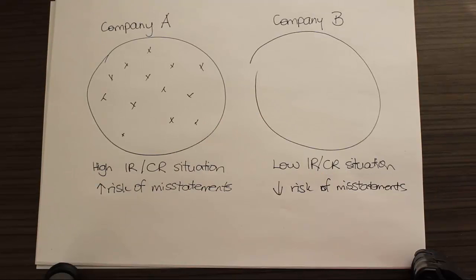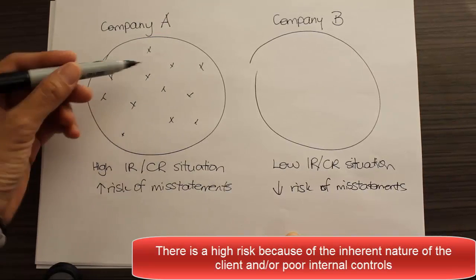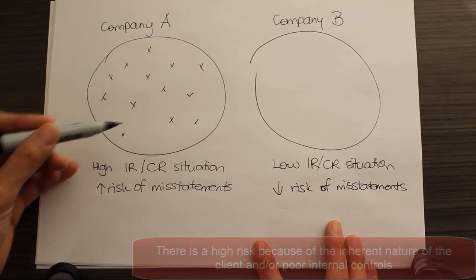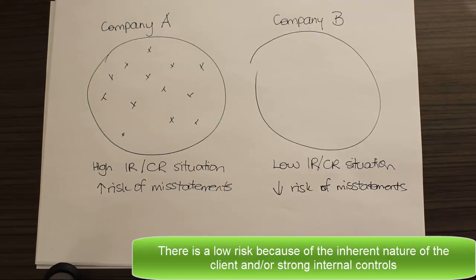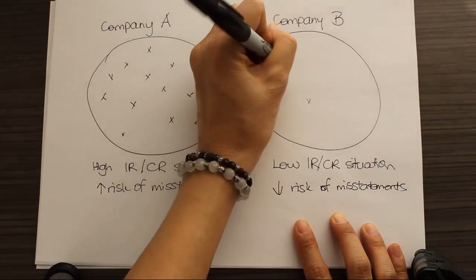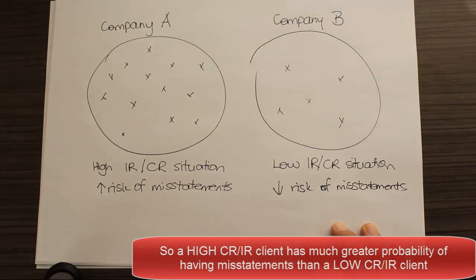So our left-hand side shows our situation with a high risk of material misstatements. Each of those is represented by the X's that we see there. On the right-hand side, we have a company with low inherent and control risk. That means a decreased risk of misstatements. That looks something like this.